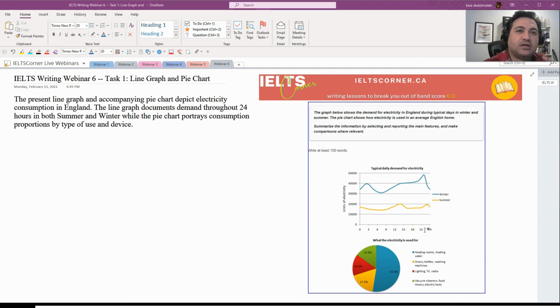So let's call that late evening hours. Anything else? And most of the power is consumed for heating rooms and heating water. Yes, so for the pie chart, more than half goes towards heating. That's the main key feature for the pie chart.